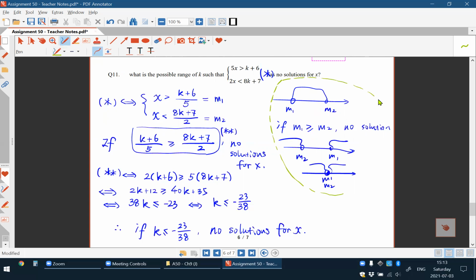You don't have to include this in your answer sheet, okay? This is a thinking process. Let's call this reasoning process then.